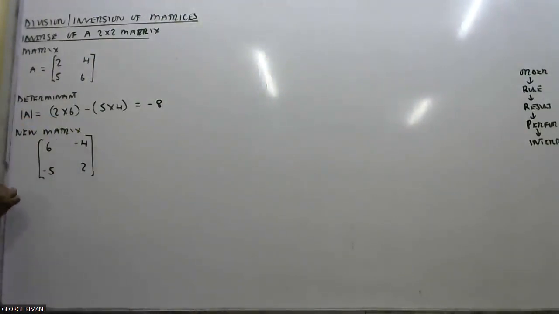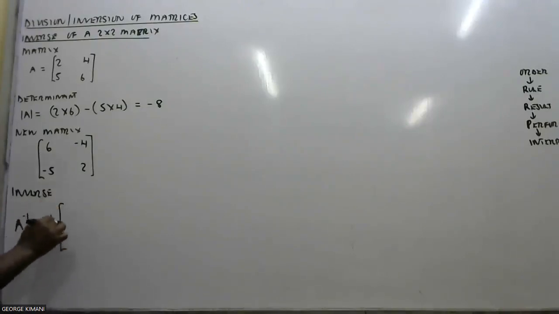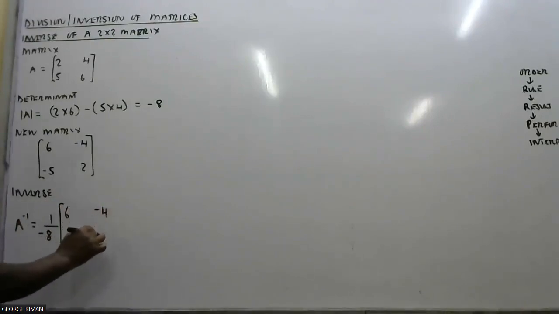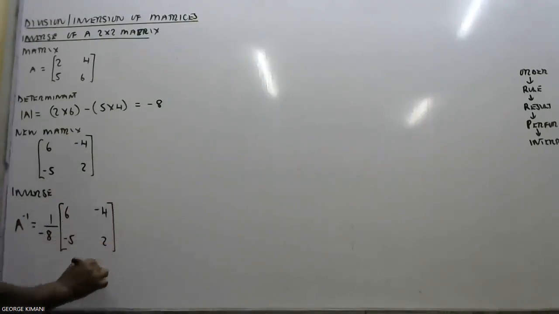After that, the inverse of the matrix. So A inverse is 1 out of the determinant, minus 8, times the matrix with 6 here, -5, -4, and 2.